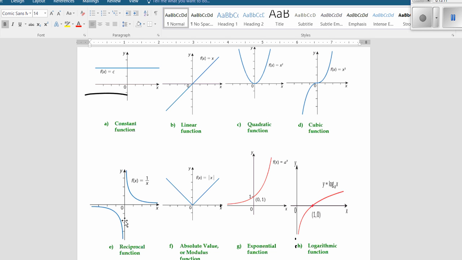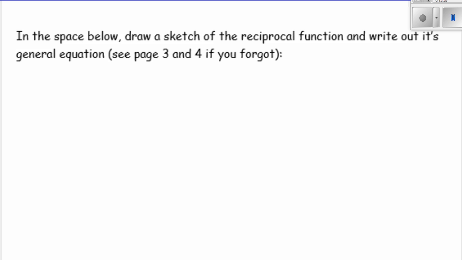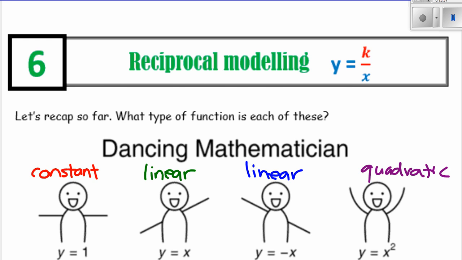And why is there also a horizontal asymptote? We mentioned it on the guy that was dancing. The vertical one is because you can't divide by 0.